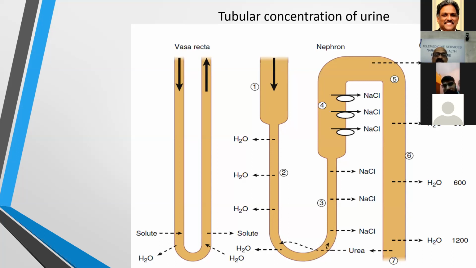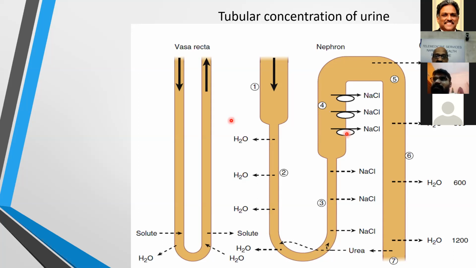The juxtamedullary nephrons have long loops of Henle, which are associated with vasa recta. These are the vasa recta, and these are the long loops of Henle. And the movement of solutes or fluids occurs across these tubules via the osmolar gradient or concentration gradient, but it also occurs against the concentration gradient, which is an active process needing ATP energy.